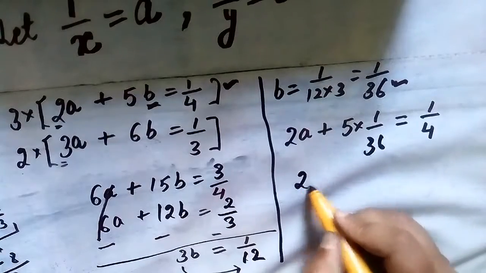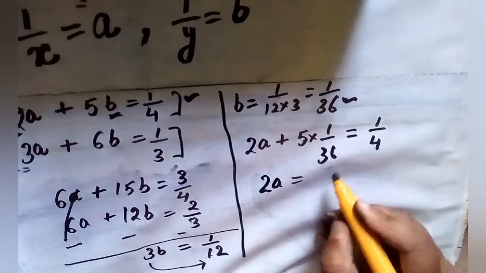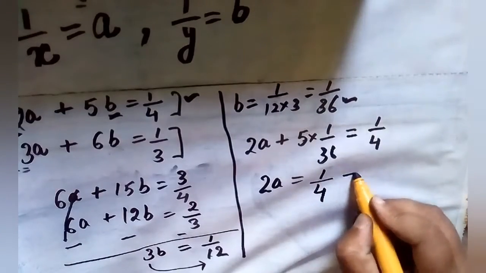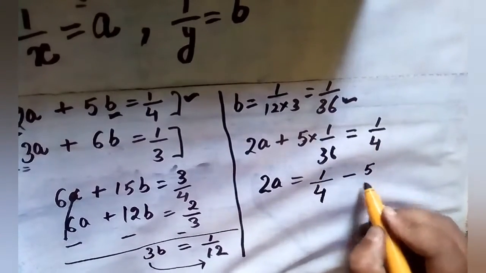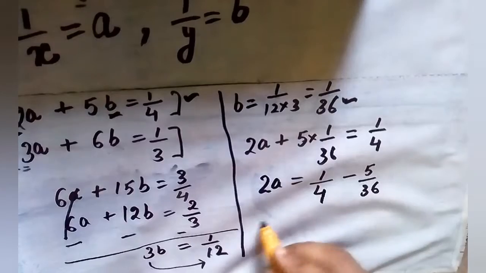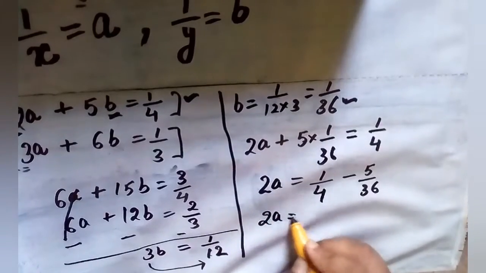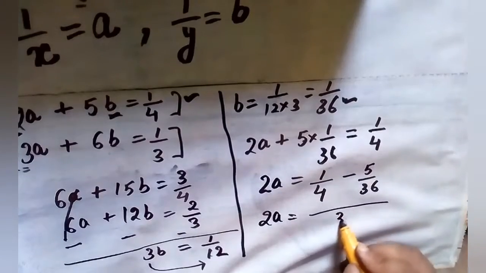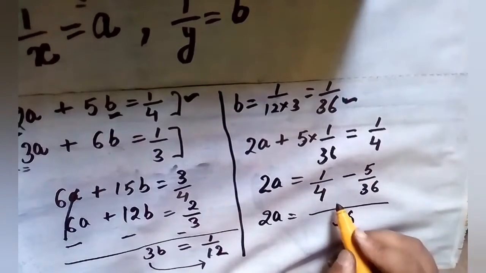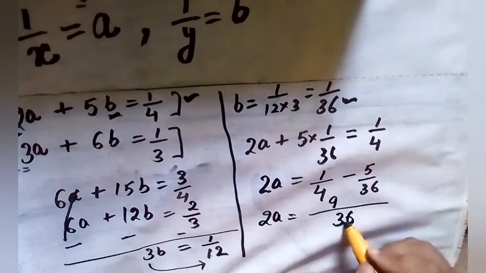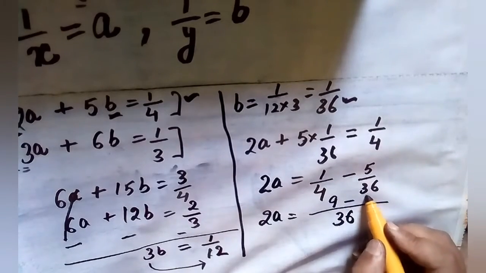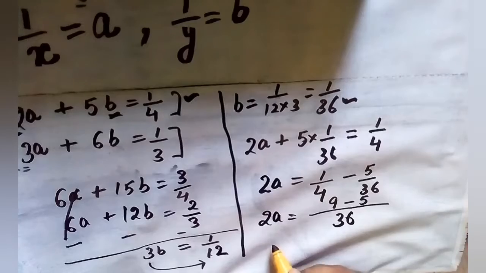Now 2a equals 1 upon 4 minus 5 upon 36. The LCM of the denominators is 36, and 4 nines are 36, so 9 minus 5, over 36.